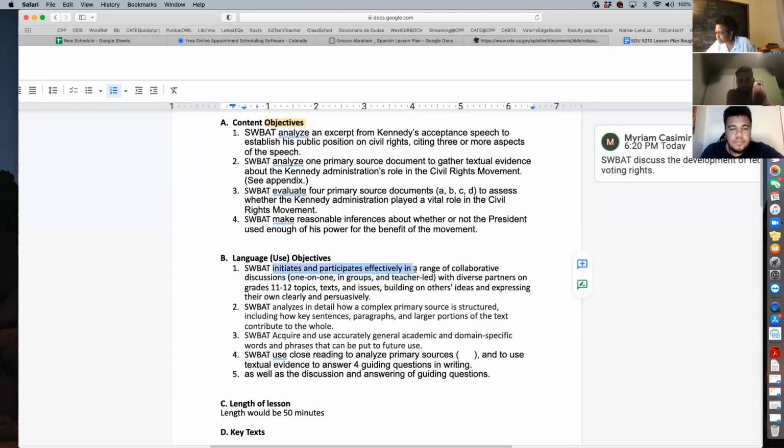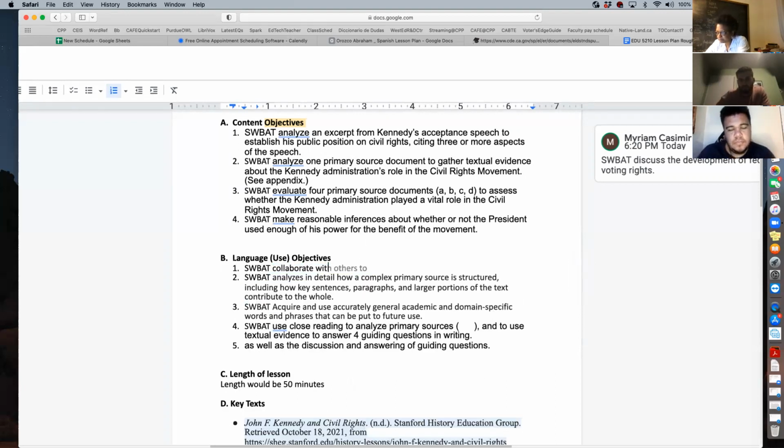Students will be able to collaborate with others to analyze visual and written texts. This is too general, but I'm just going to push because our time is up. So you would need something like analyze a video and a primary source document.